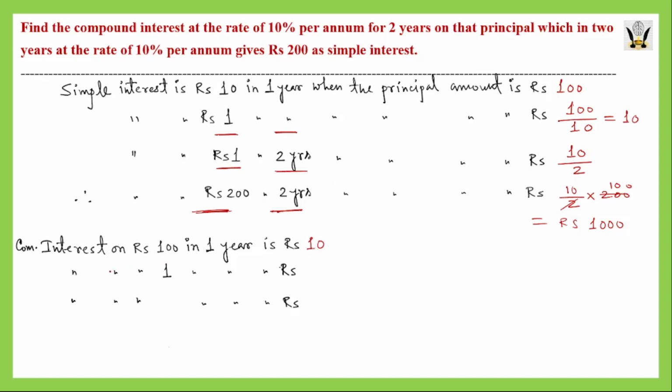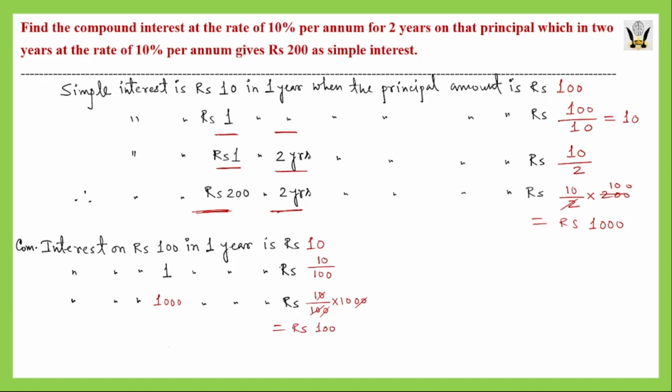Now when the principal amount is reduced from 100 to 1, the interest will also be reduced, and that will be divided by 100. The time period is the same, that is 1 year. Now when the principal amount is 1000, keeping the time period the same, it will be 1000 times, so it will be 10 divided by 100 and then multiplied by 1000.